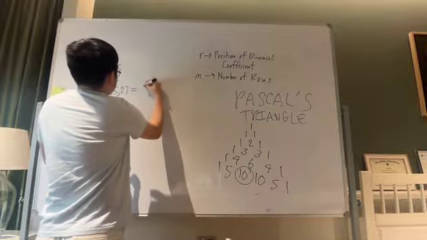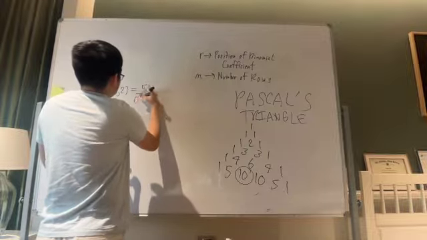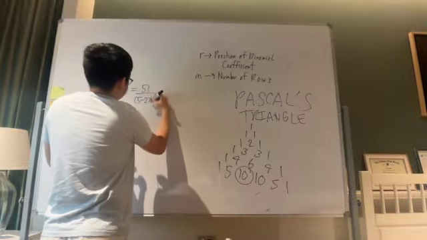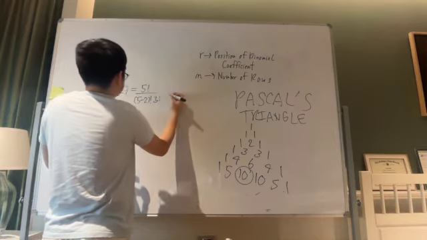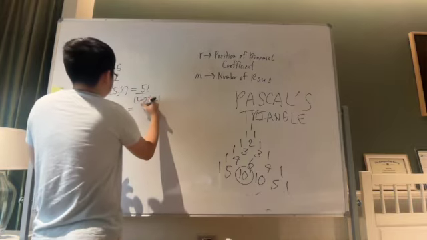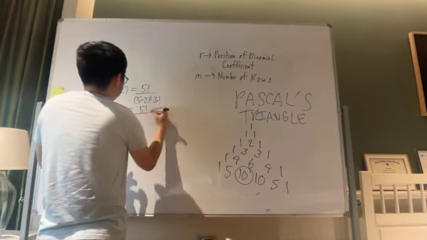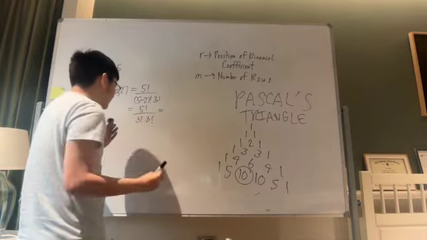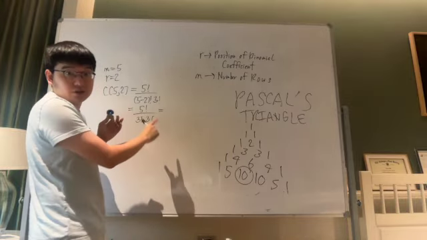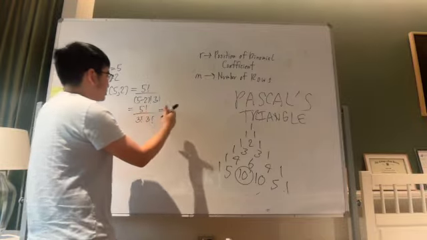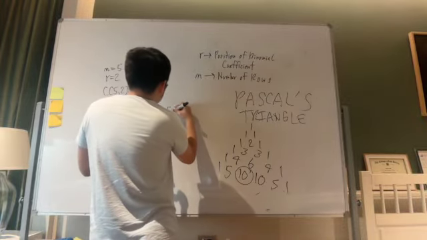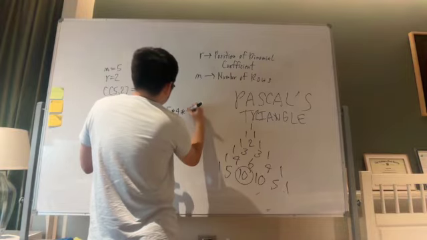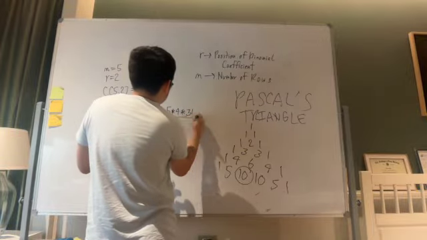Okay, so that's 5 factorial divided by 5 minus 2 factorial, 3 factorial, times 2 factorial. And now we can use the recursive definition to split up the 5 factorial into 5 times 4 times 3 factorial. I can therefore cancel out the 3 factorial.